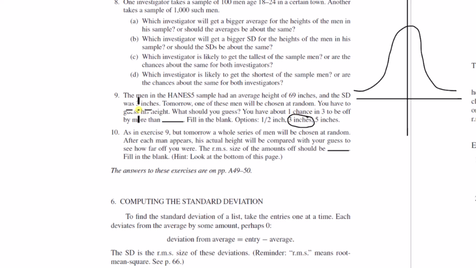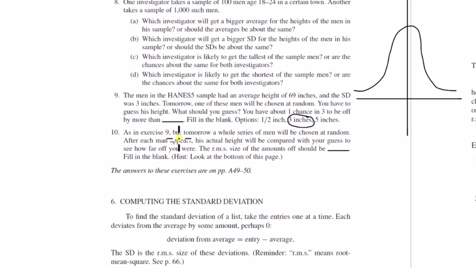We're not saying we've got this list of men and now we're going to select a man from the general population and guess his height. We haven't talked about that idea yet. They're saying from that literal list of men, if you want to guess his height, you would guess the average, and you would have a 1 in 3 chance, that 68% chance, of being off by a standard deviation, 3 inches.